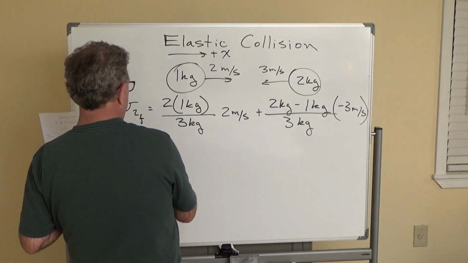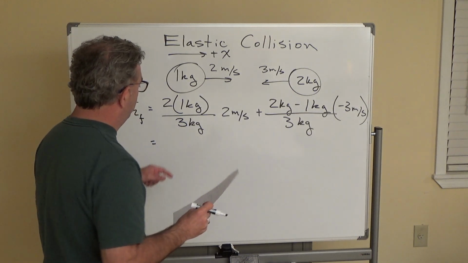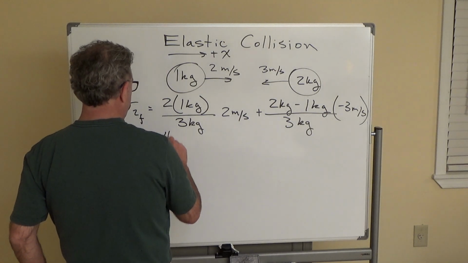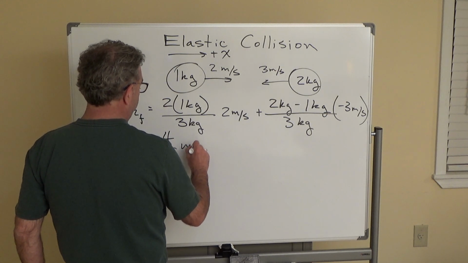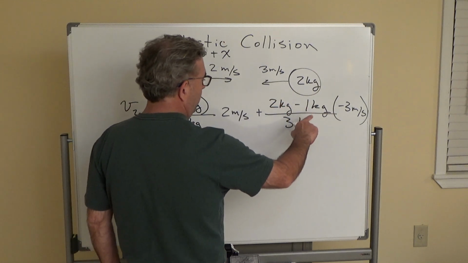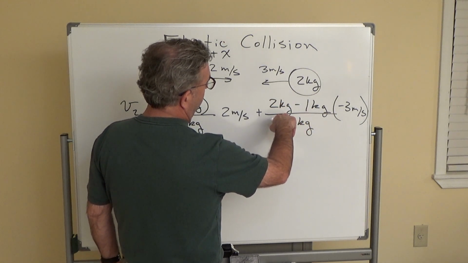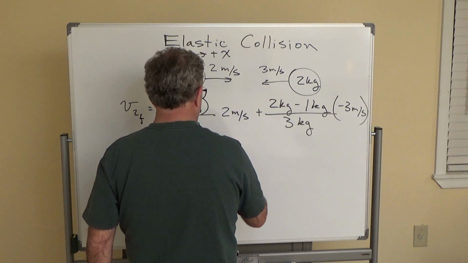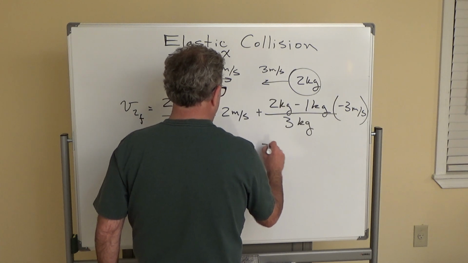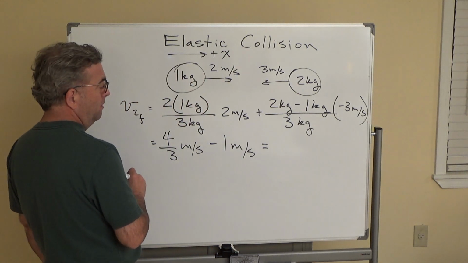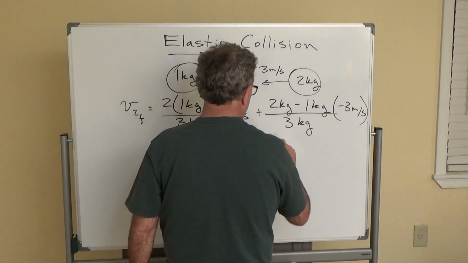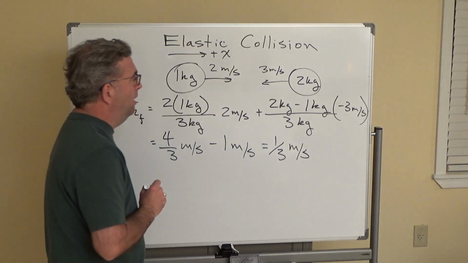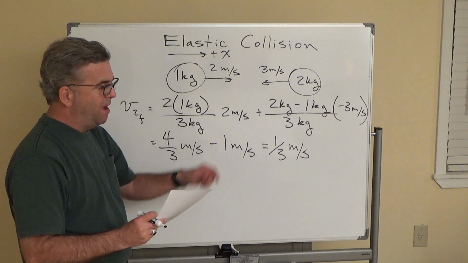Okay? So this is equal to 4 over 3 meters per second. This is equal to 1 over 3 times negative 3, so that's a minus 1 meter per second, and that gives you 1/3. So what happens to M2, which is the 2 kilogram mass?